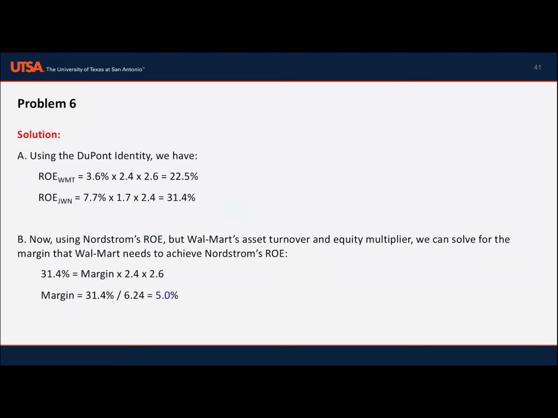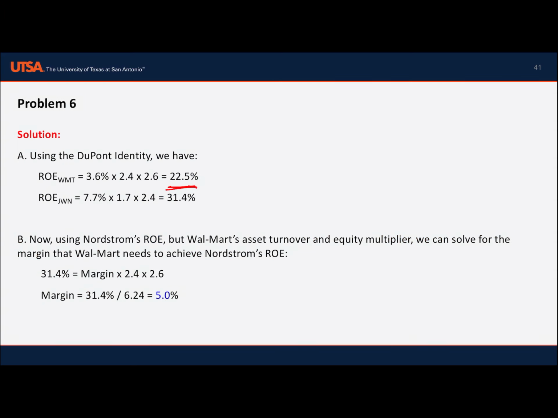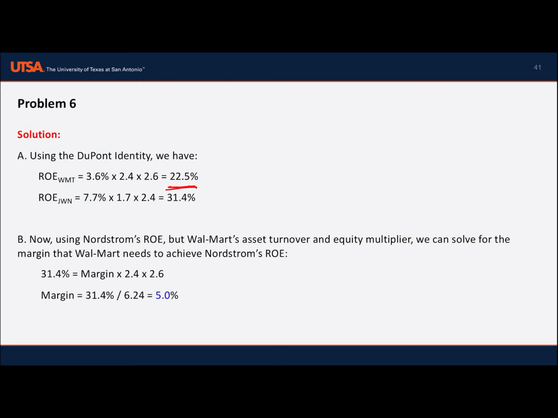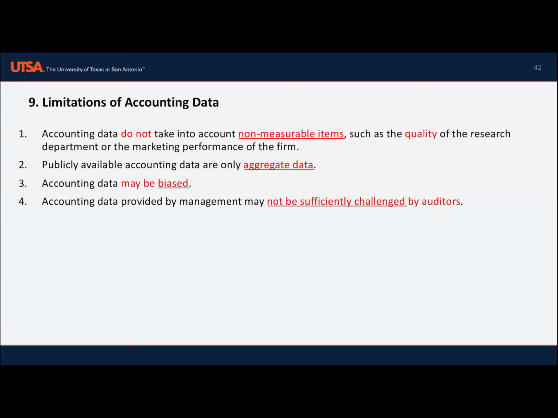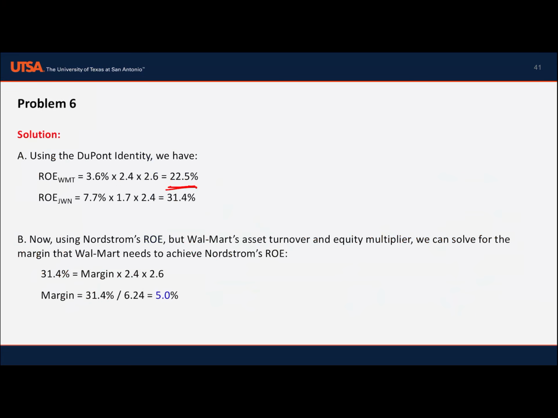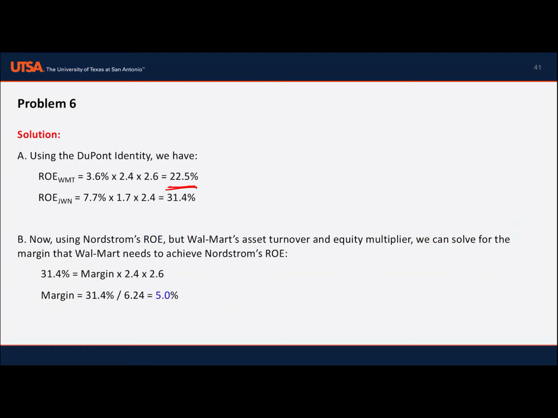Let's solve. So return on equity for Walmart, we just multiply 3.6, 2.4, and 2.6, and we have 22.5%. For the Nordstrom company, we multiply 7.7, 1.7, and 2.4, and we find return on equity for Nordstrom, which is 31.4.